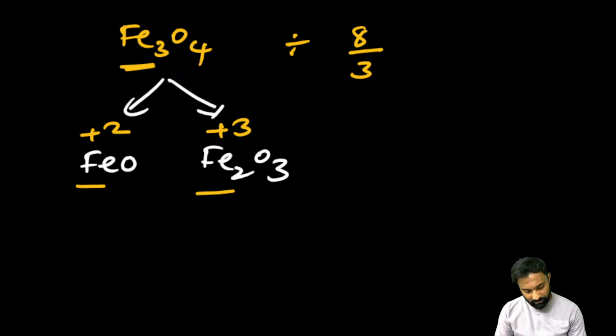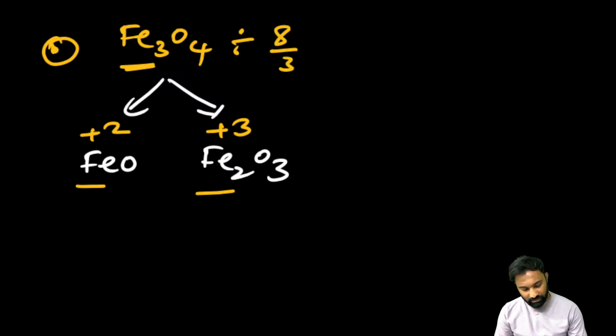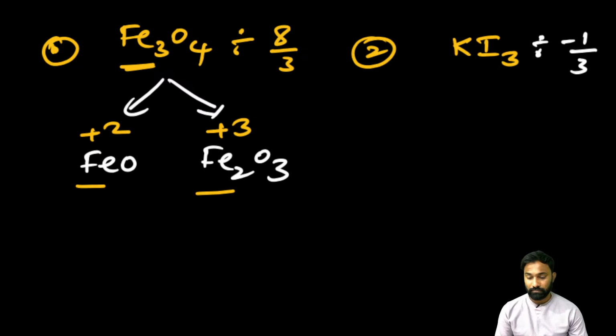Next one. This is another mixed oxide question. The second type of mixed oxide question they may ask is KI3. In this KI3, if you calculate the oxidation number, you will get minus 1 by 3.